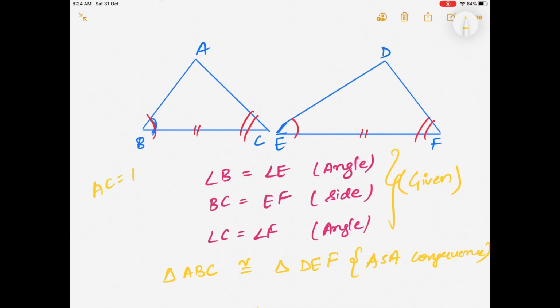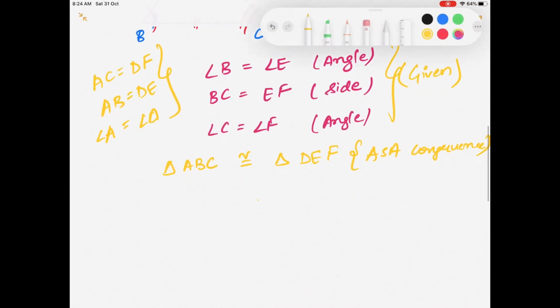It means that AC will be equal to DF, AB will be equal to DE, angle A will be equal to angle D. The question does not signify all these things, but you have to understand that if two triangles are congruent to each other, then all the corresponding parts will be equal to each other.